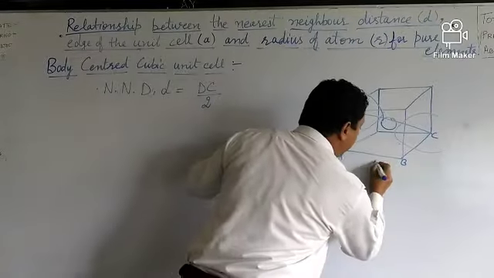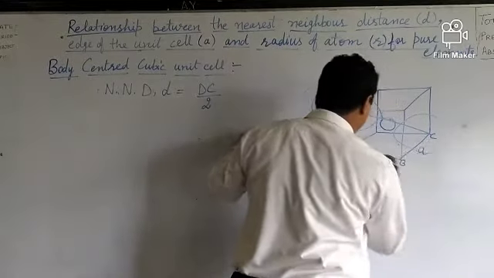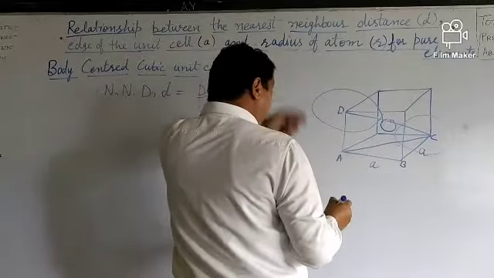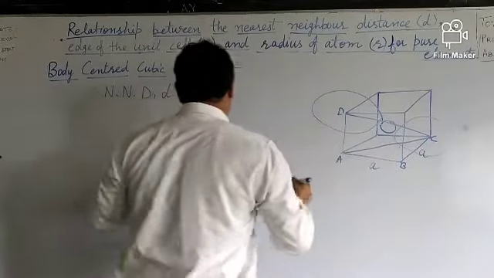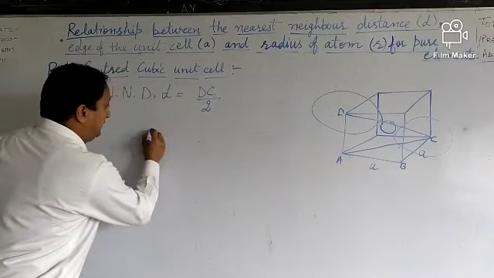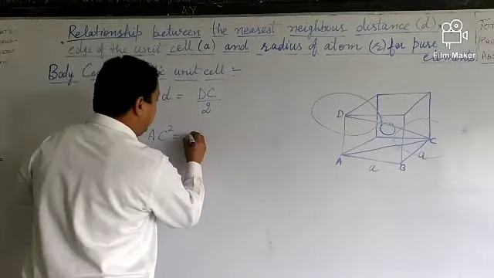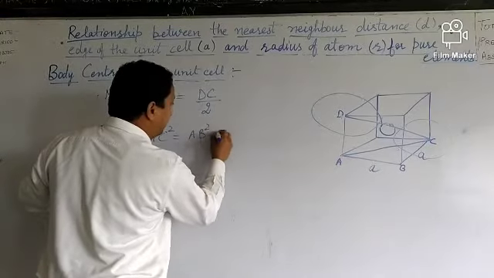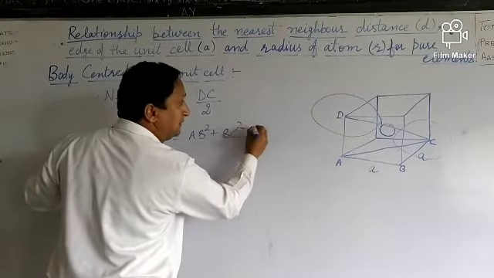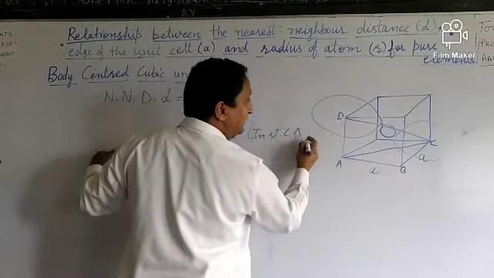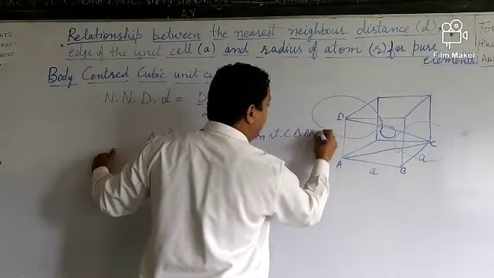So now we see here it is A, here it is A, and we can find out the AC here. AC square is equal to how much? It is AB square plus BC square in right angle triangle ABC.